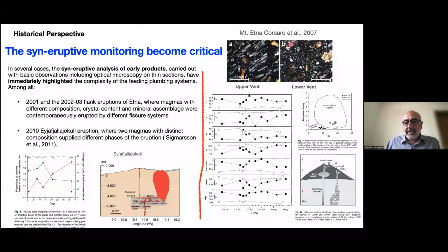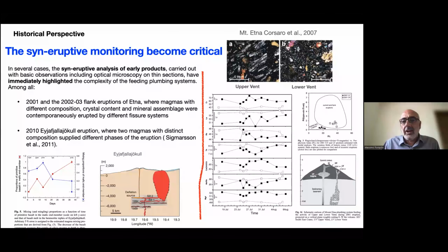I go very fast. Another very important thing. The case was Etna in 2010, in which the scientists who were involved in this realized immediately that there were two different systems, one with a basaltic composition that appeared at the beginning of the eruption, and one with a different composition in the second phase of the eruption.